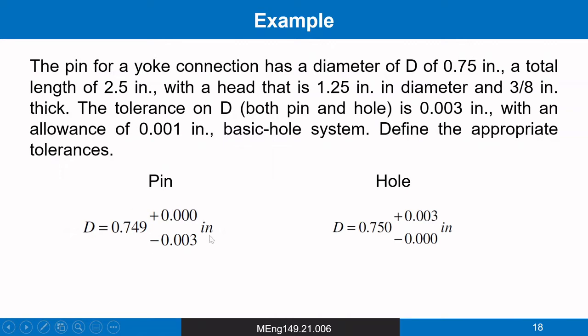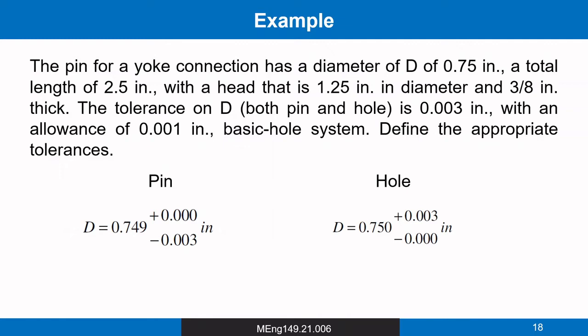Okay, now the hole. For the hole, we go back to the basic hole system. The hole does not adjust in the basic hole system. That's why the 0.75 is the nominal size we put here. So, for the hole to accommodate the pin being inserted, the application of the tolerance is larger only.